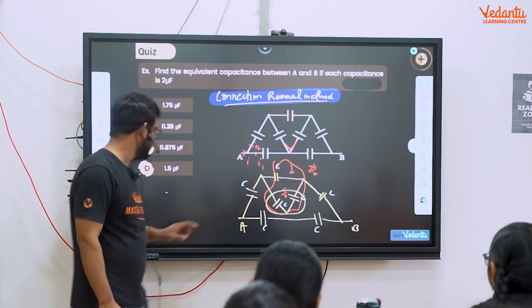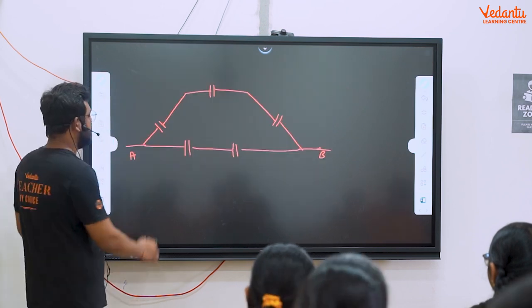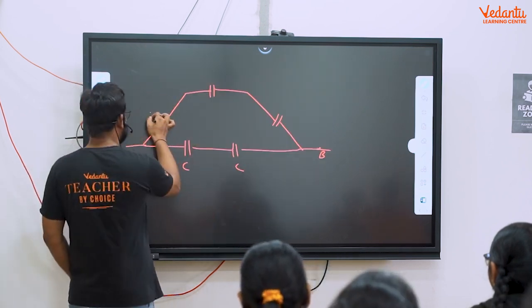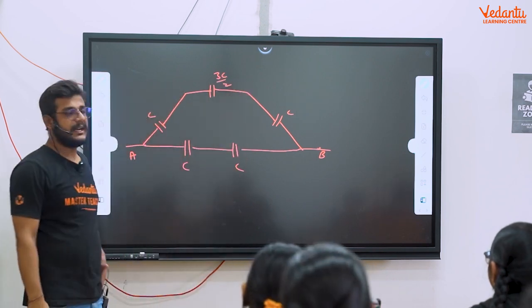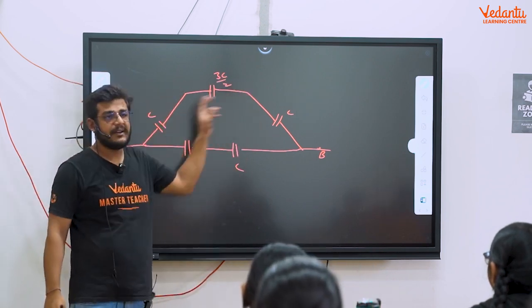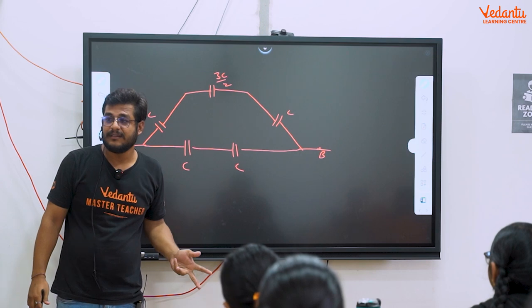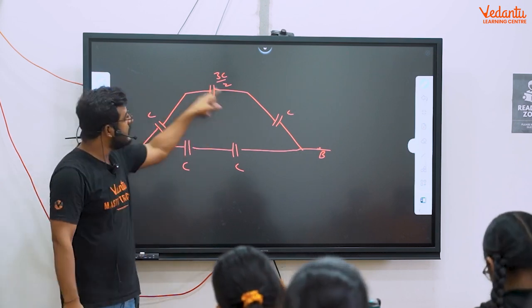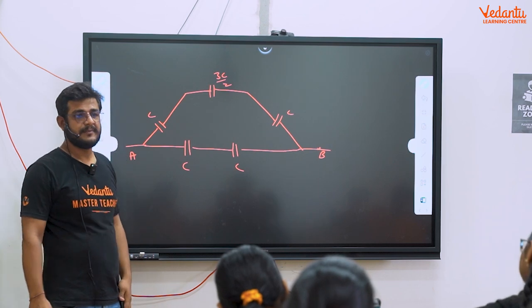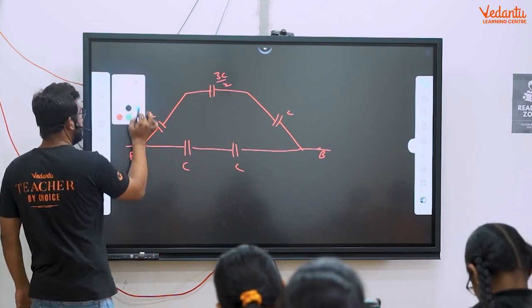This is C, these are 2C, right? Is this clear? C, C, C here and 3C by 2. Now we can see whether these three are connected in series or parallel. It is an end-to-end connection, so we'll say that it is in series. So because of these three, what is the equivalent? Can I say that because of these three?